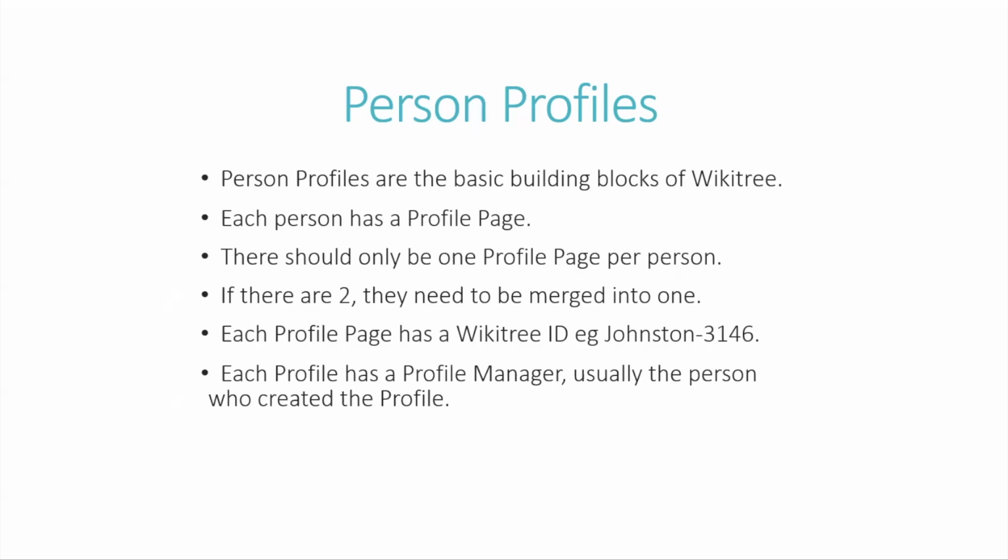It will tell you that there's no profile manager for this particular profile, and you can then go and adopt that profile. And I would encourage you, if you do adopt a profile, to actively look at it and try to improve it, see if you can add to it and add ancestors and so on.